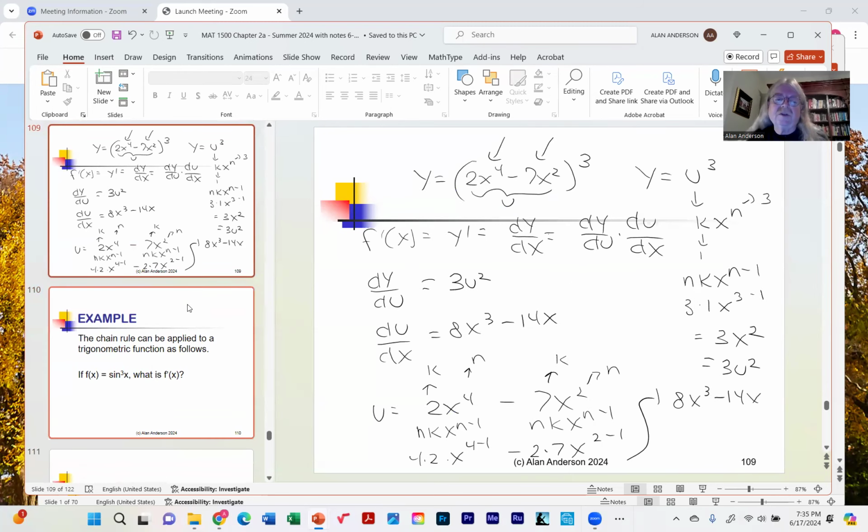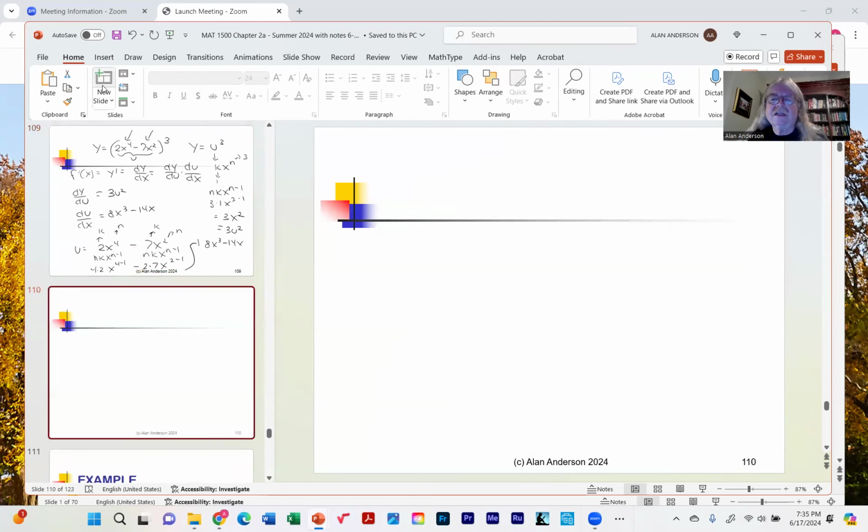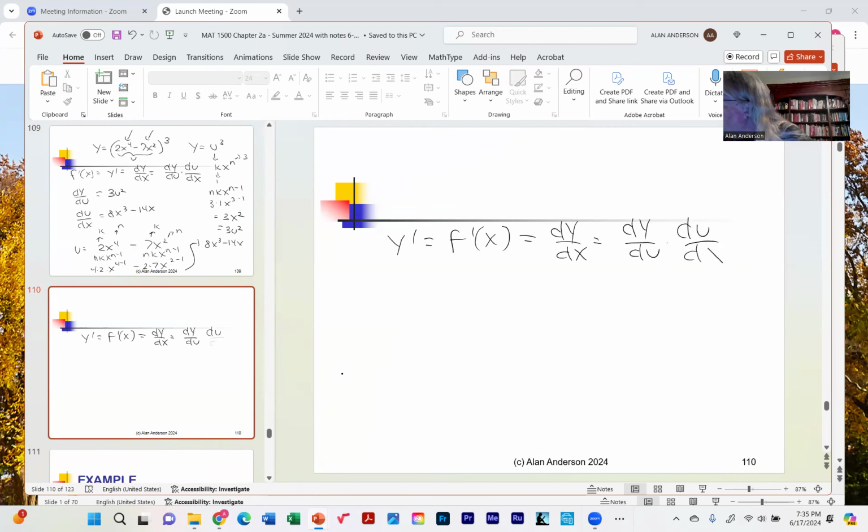Actually, we're substituting twice, you'll see what I mean in a second, because we need both dy/du and du/dx. We just got through showing that dy/du is 3u squared. du/dx was 8x cubed minus 14x.